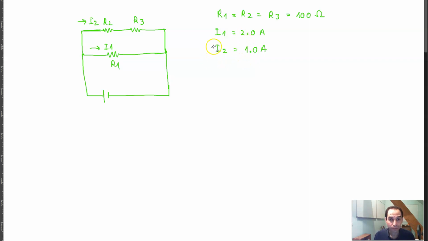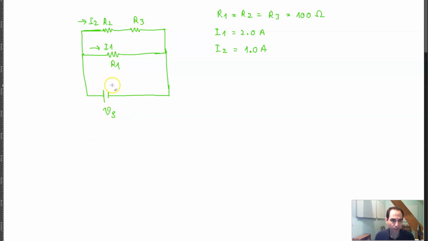Now what we want to do is calculate Vs, the power supply voltage in this circuit. I know that 2 amps is going through this branch, 1 amp is going through this branch, and each of these resistors is 100 ohms, and I want to know what the supply voltage is here.